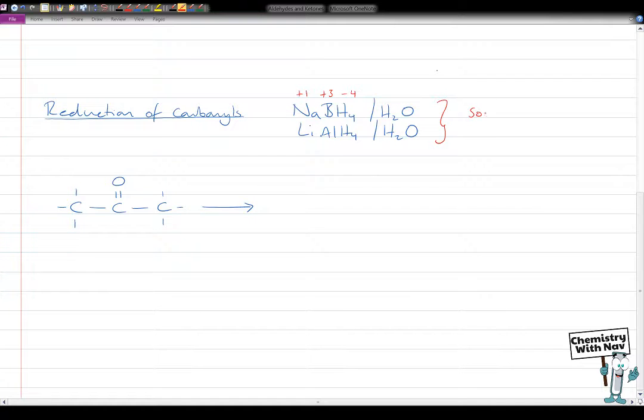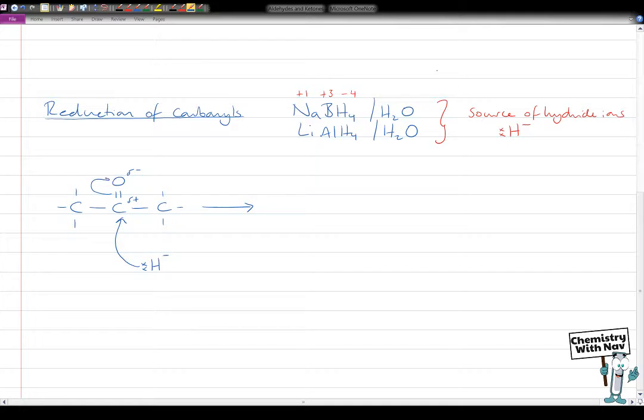So basically this is a source of hydride ions. And that is H-, and if it's H-, that means that it must have a lone pair available for bonding, making that hydride ion a nucleophile. So when we come back to the mechanism, we're looking to attack the delta positive carbon with that lone pair.